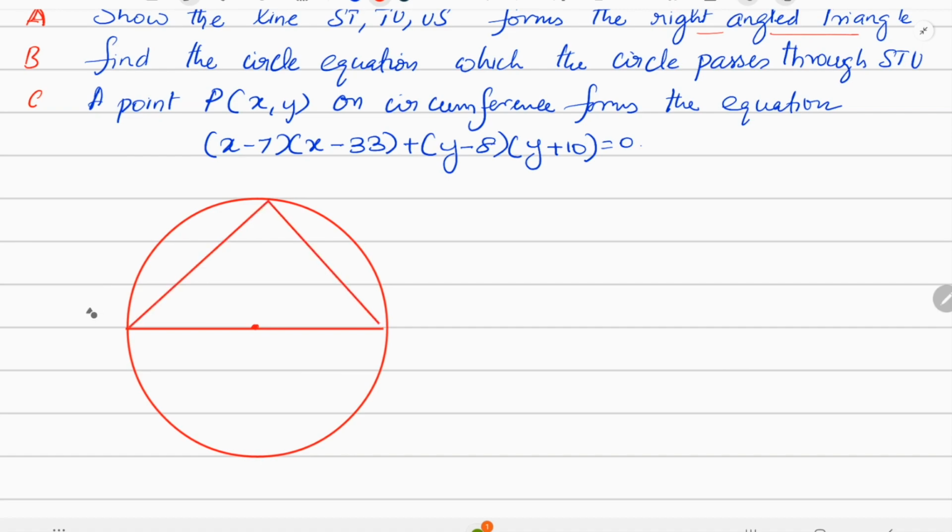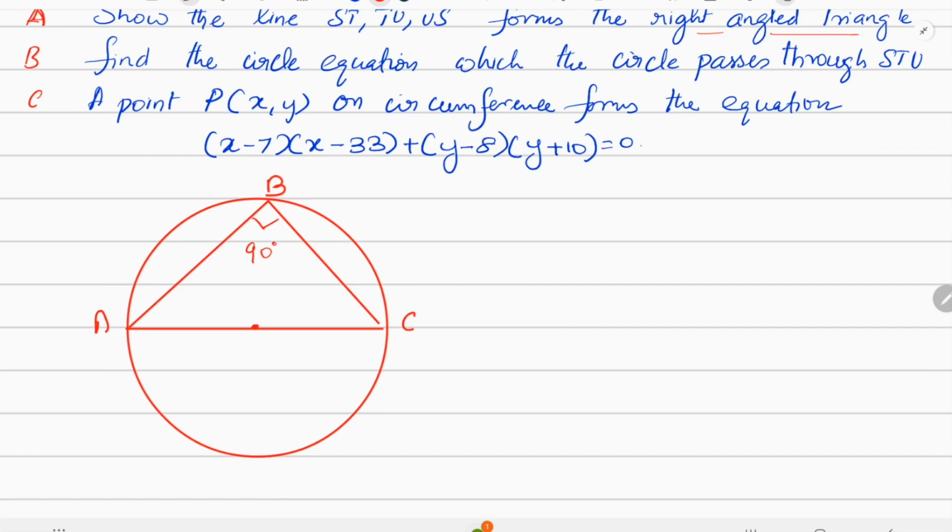Say A, B, C. If any side passes through the center point, the third point B always forms the 90 degree angle.